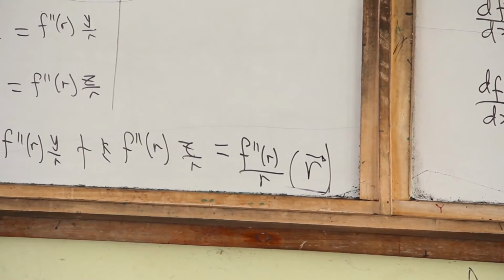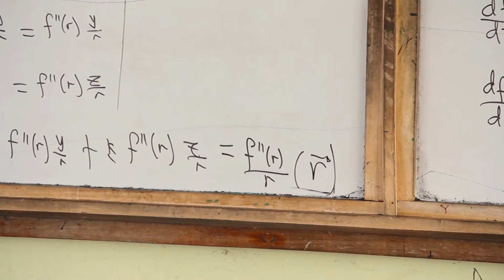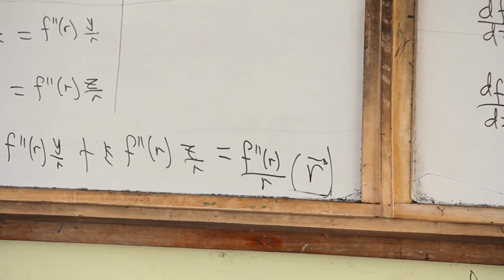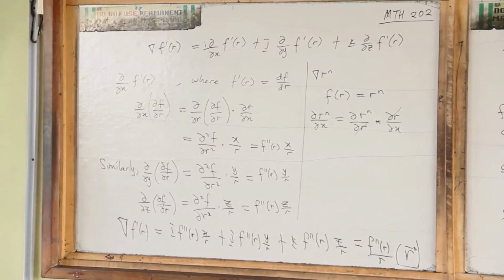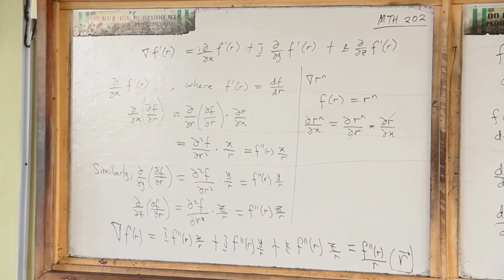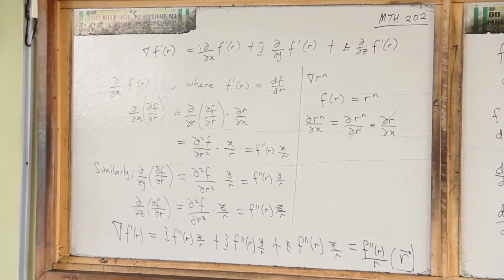Why is everybody silent like this? You see the options? You know how I came about the r vector? When you factorize that, you are going to have xi plus yj plus zk in the brackets. When you move out f prime prime of r divided by r, you have xi plus yj plus zk in the brackets.